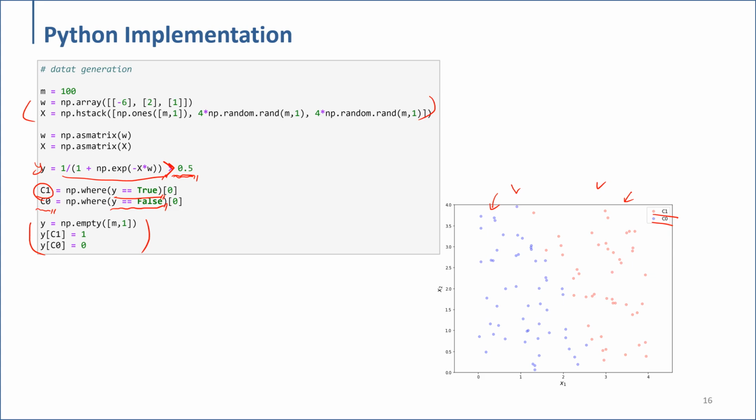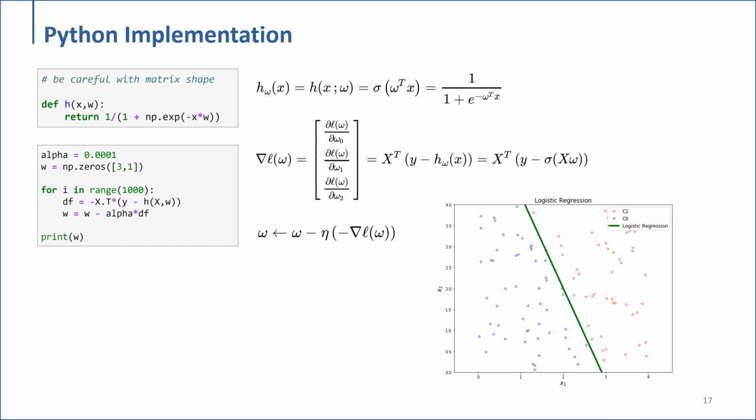And using these generated data, let's implement the gradient descent update rule using Python. The idea is very simple, just measuring the h value. The h omega is just returning the value of the sigmoid function, taking omega transpose x into the sigmoid function, which is exactly 1 over 1 plus exponential of minus omega transpose x.